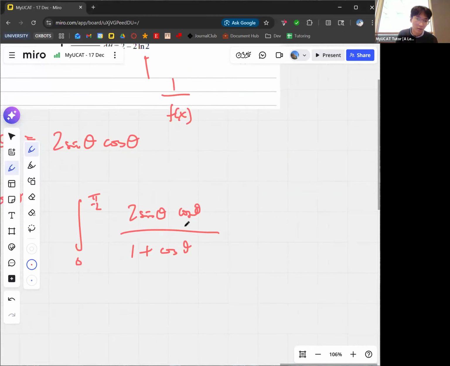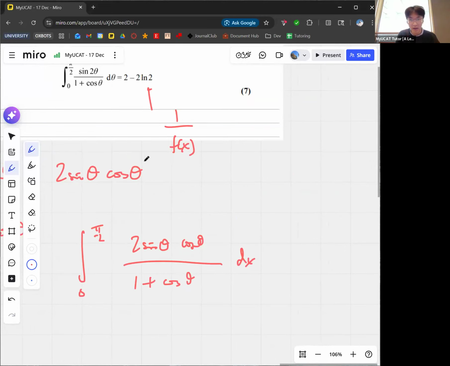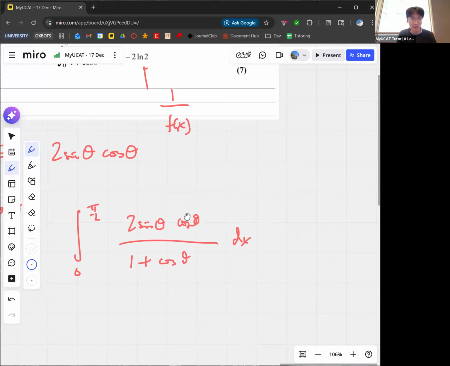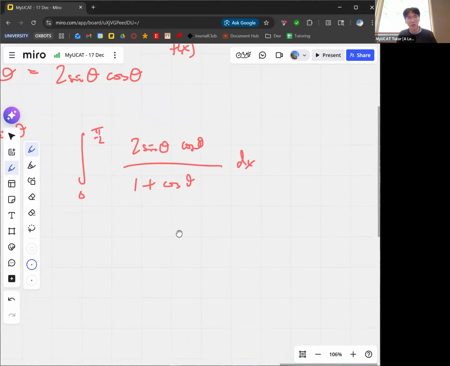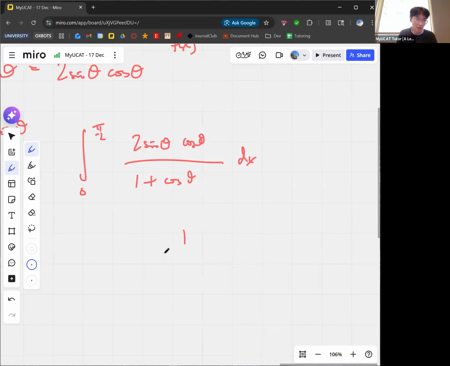And so in this case, I would probably just use a u substitution, because in my head, I'm thinking this is probably the outcome of differentiating 1 over 1 plus cos theta, and I multiply by the derivative of this, which is a sine, which is why this comes in. And then this cos theta probably comes out because of a u substitution. Now that was a little bit quick, but does that make sense?